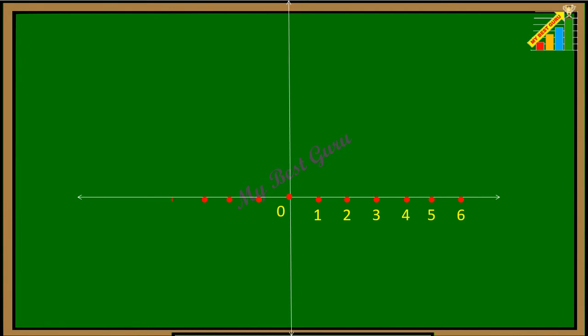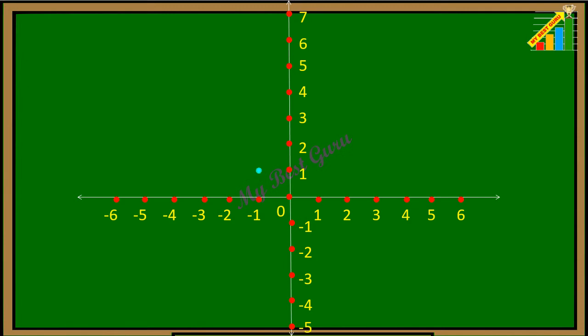Then x dash: minus 1, minus 2, minus 3, minus 4, minus 5 and minus 6. On the upside of the y-axis the points are 1, 2, 3, 4, 5, 6, 7, and on the downside of y, which is negative, it is minus 1, minus 2, minus 3, minus 4, minus 5.